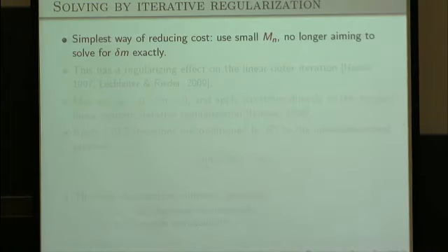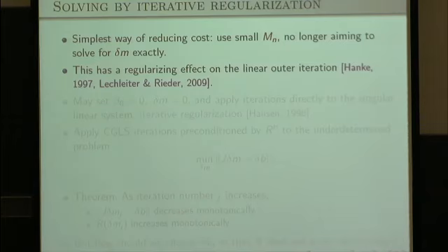The simplest thing we can think about is, instead of iterating with these preconditioned conjugate gradient iterations until the bitter end, maybe just use a small number of such PCG iterations. It's only delta m that you're solving for. Let's not do it exactly. And the good news is that this actually has a regularizing effect on the iteration.